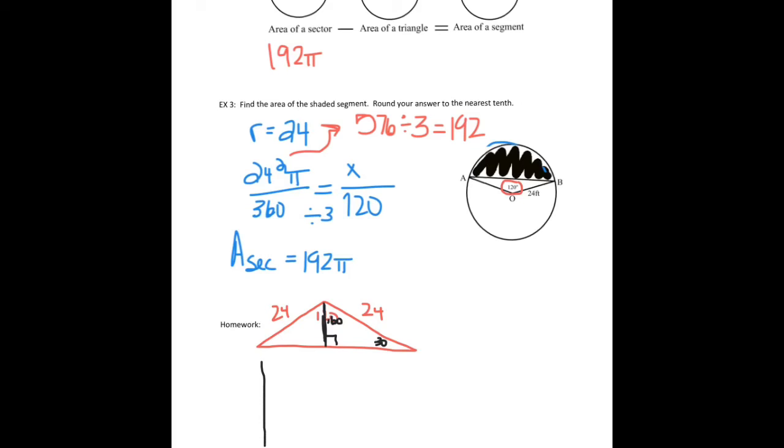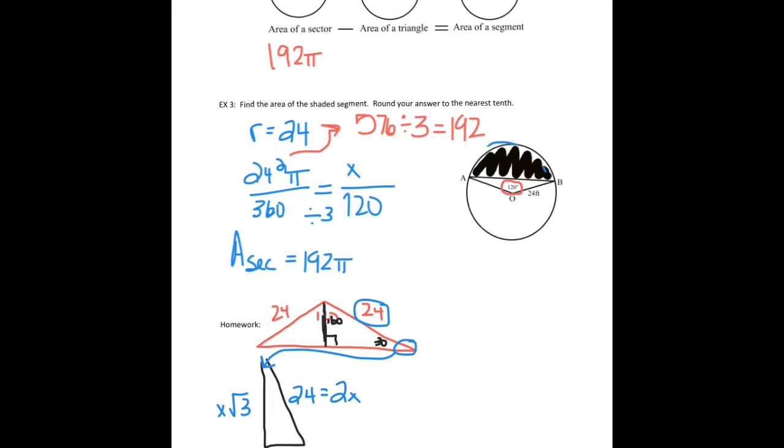So I'm going to draw it this way. So this angle right here is now here. This segment right here, the hypotenuse, is now here. And I'm looking for x and x root 3. Well, I know that 24 represents 2x because I remember that from special right triangles.